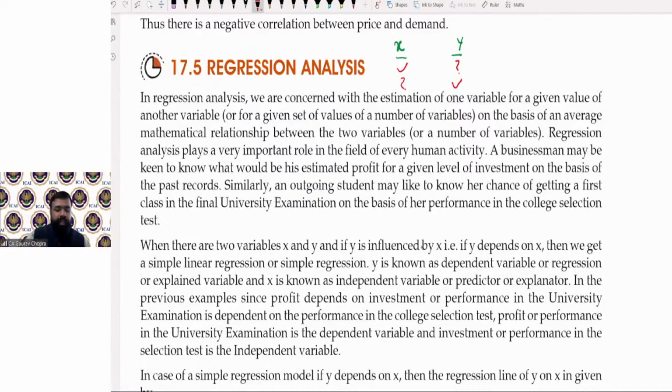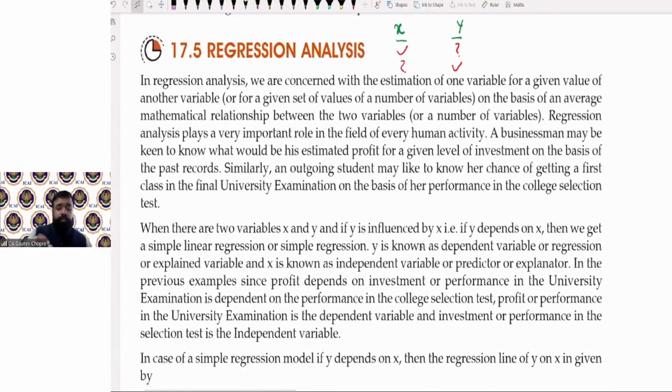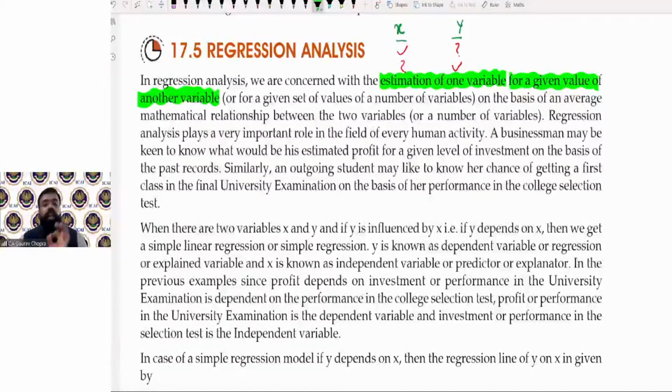So let us read the basics first. In regression analysis, we are concerned with estimation of one variable for a given value of another variable. So if x is given, find y. If y is given, find x, on the basis of some average mathematical relationship between the two variables.